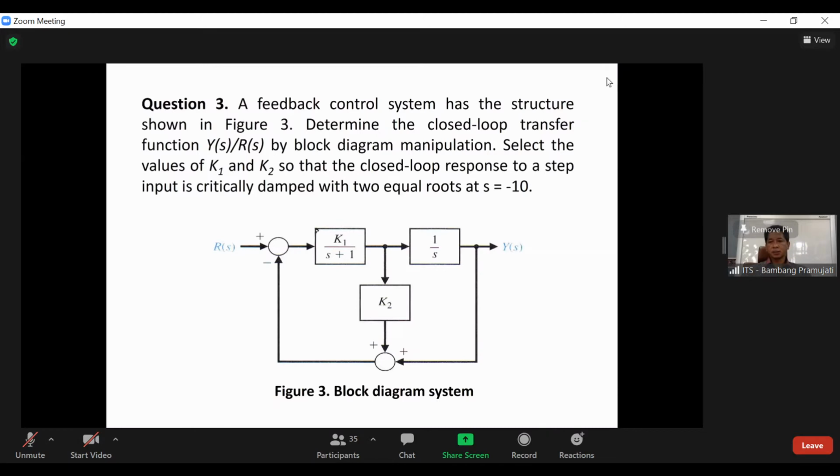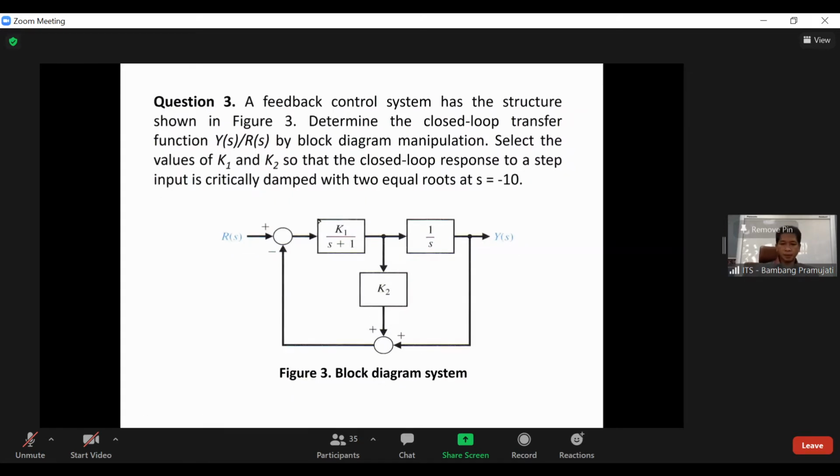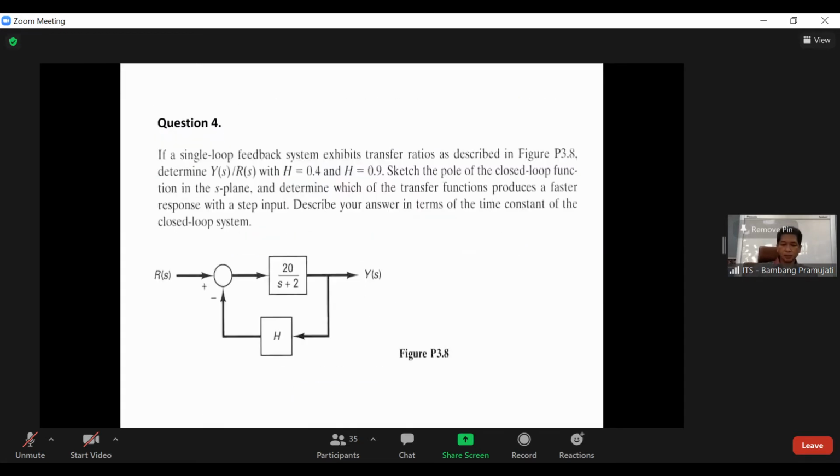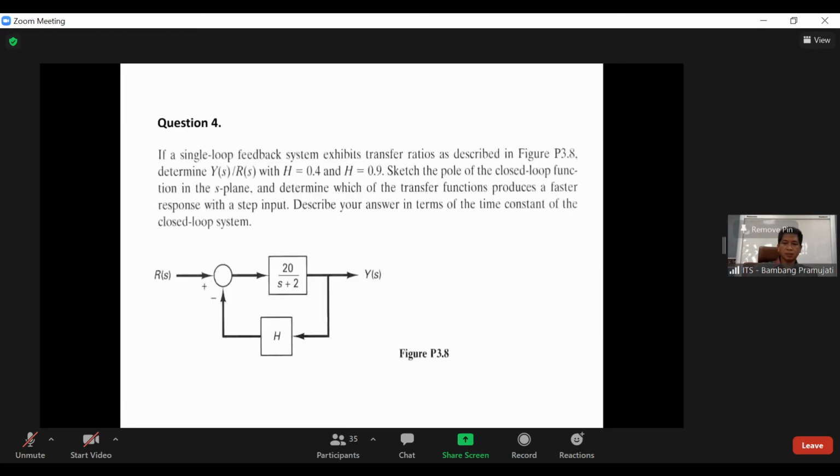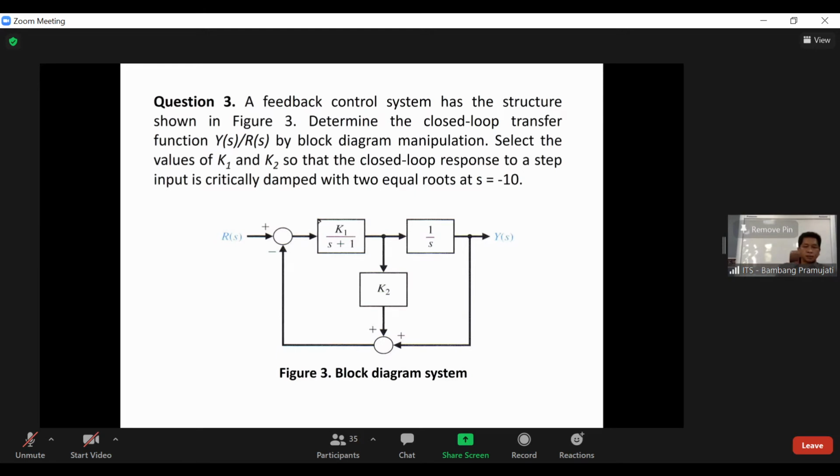Okay, ini sudah saya upload belum ya? Kayaknya nggak tahu sudah atau belum. You can try this. You have probably 5 minutes to write or so, and then this is the question. The next question is number 5. Yeah, go ahead.